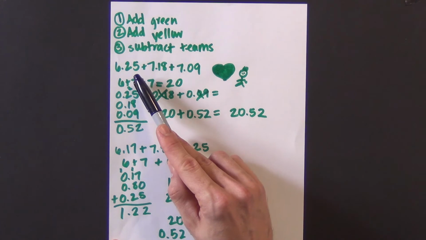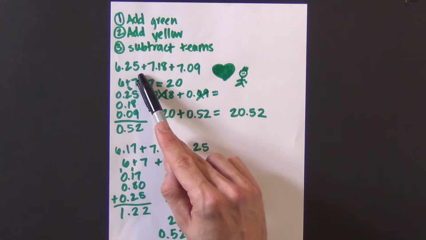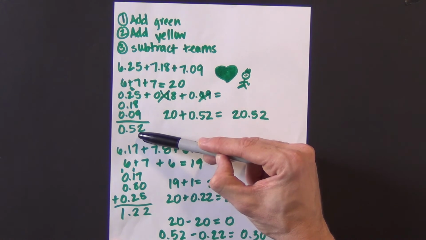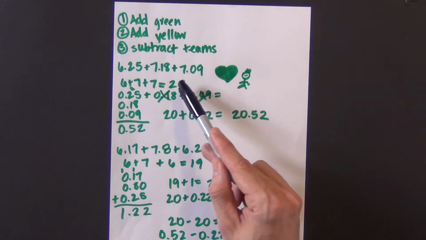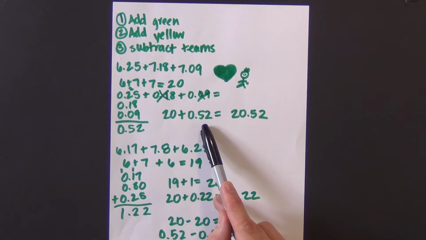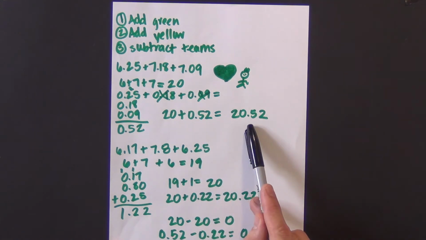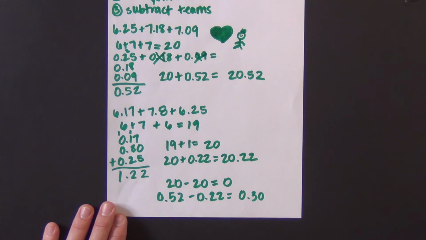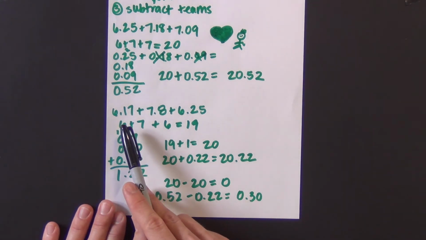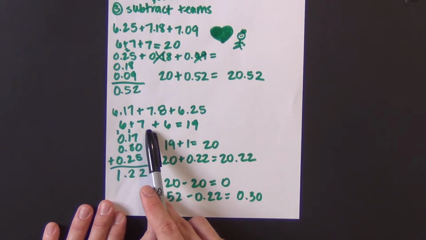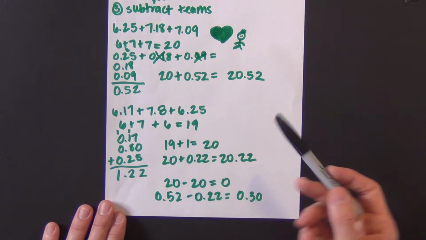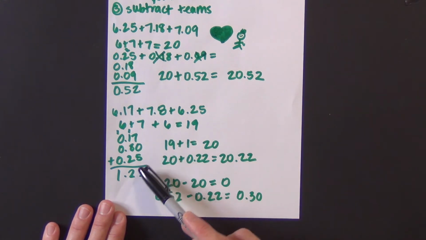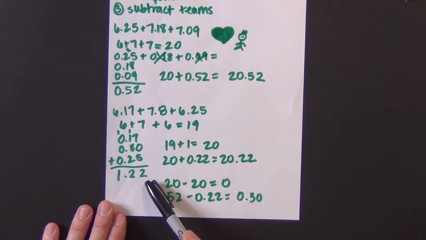Then he takes each of the decimal parts, 25 hundredths, 18 hundredths, and 9 hundredths, and adds that up off to the side. I see then that he takes the 20 as the whole and adds it to the decimal part to get 20 and 52 hundredths. That's for the green team. For the yellow team, I notice again, whole numbers first, 6, 7, and 6 to get 19, and then he adds up 17 hundredths, 80 hundredths, and 25 hundredths and gets 1 and 22.